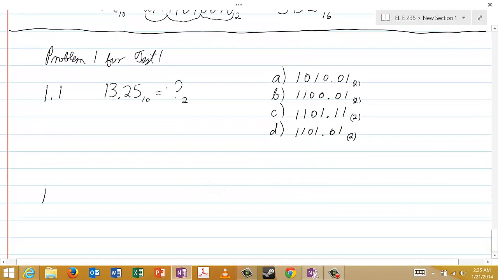Now for problem 1.2, I want you to tell me 77, the decimal number 77 base 10 is equal to what in hexadecimal. And again, I'll give you 4 choices.